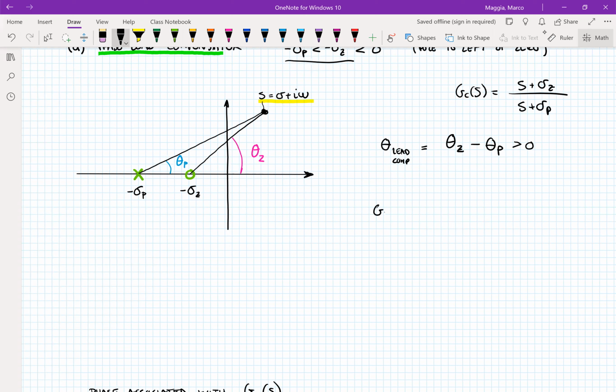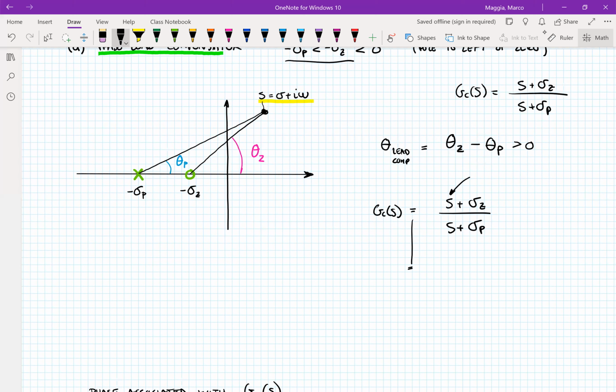As I just wrote, the transfer function of our lead compensator is S plus sigma z over S plus sigma p. Here S is our generic point on the complex plane, which is sigma plus I omega.